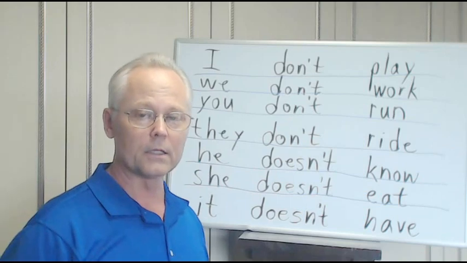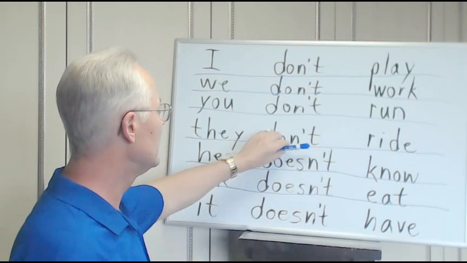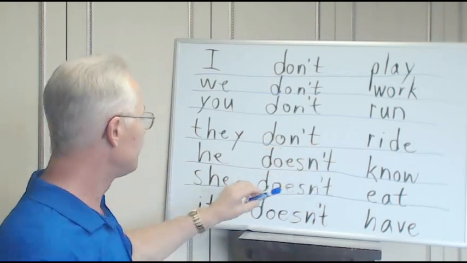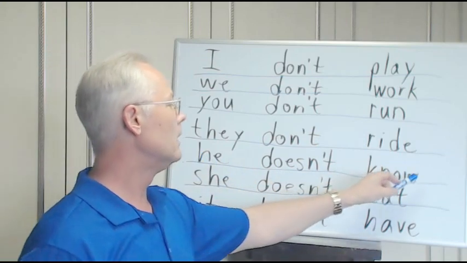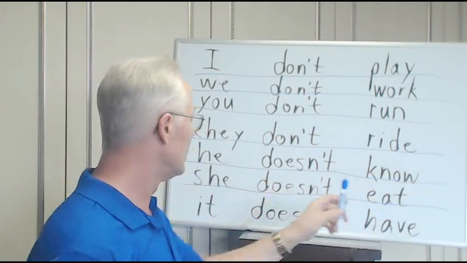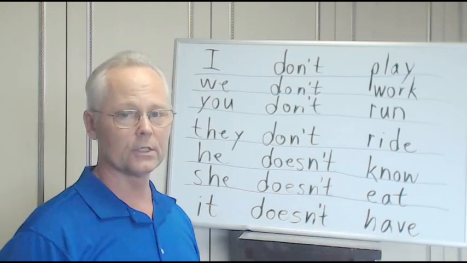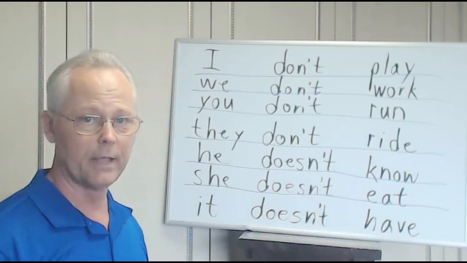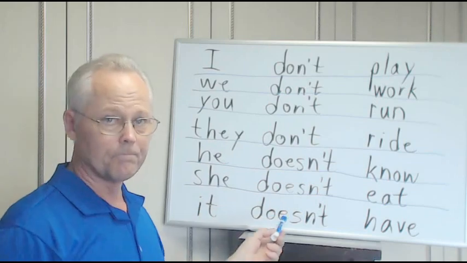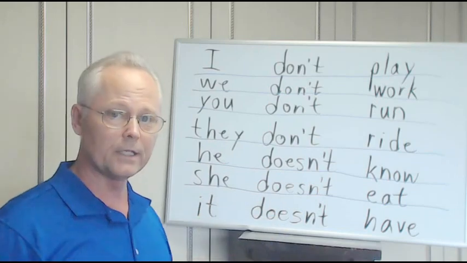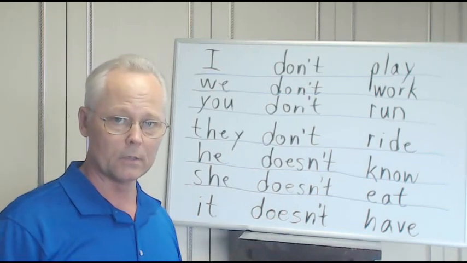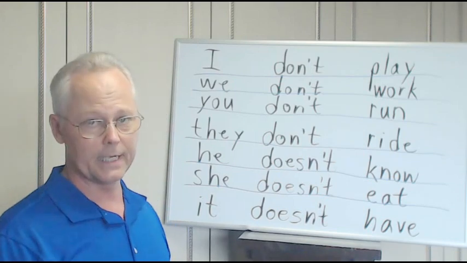If we were talking about the positive, we'd say he knows, she eats, it has. In the negative, it's doesn't have. Now, that's a big difference for your grammar between the positive and the negative.